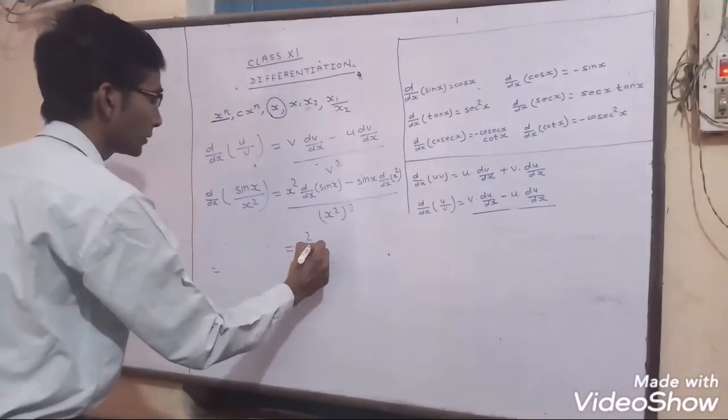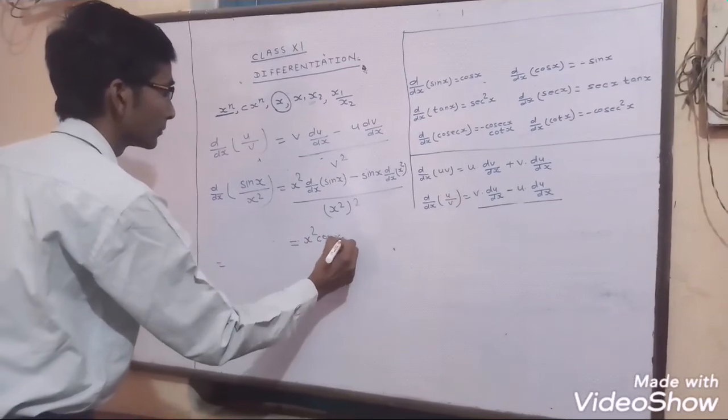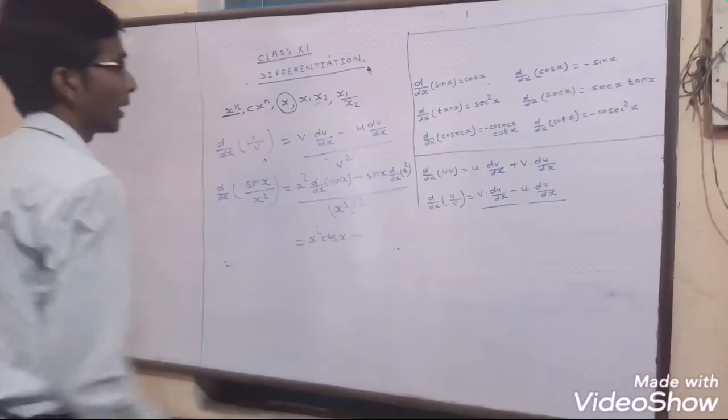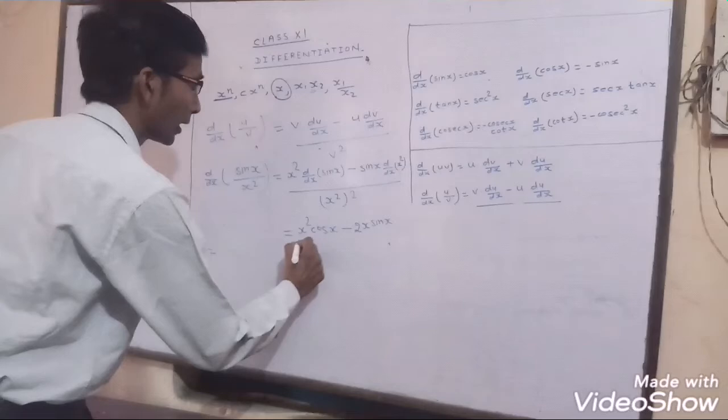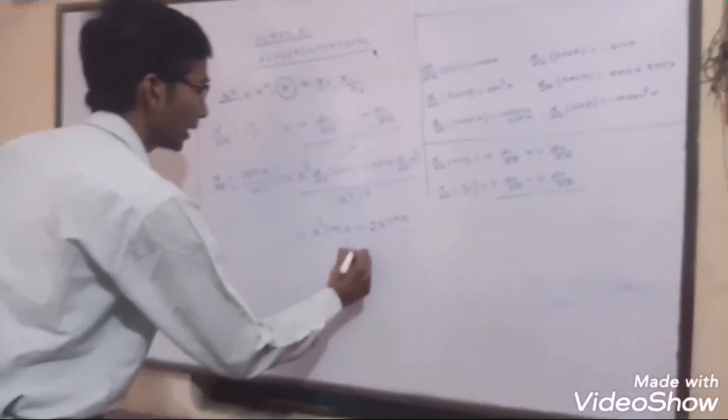Then it becomes x square, differentiation of sin x is cos x, x square cos x minus, if we differentiate x square then it becomes 2x sin x divided by x raised to power.